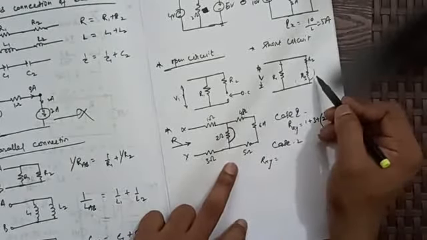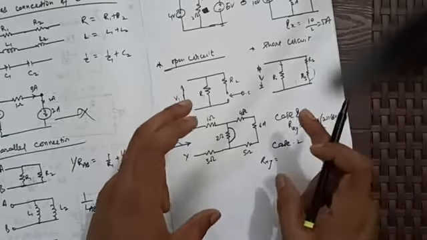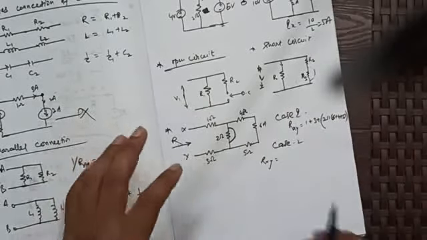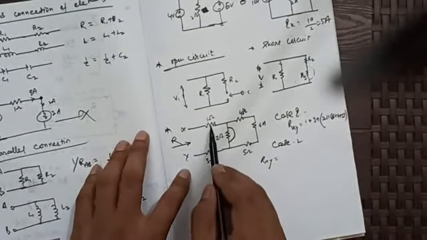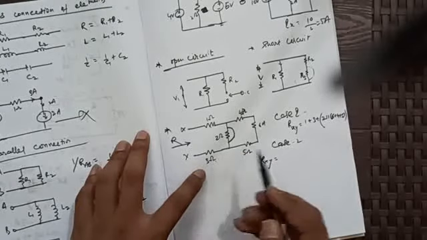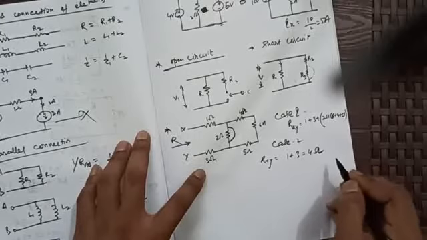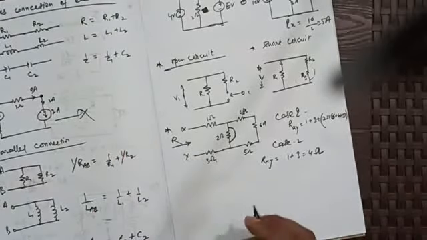As I told earlier, a passive element connected in parallel with a short circuit can be neglected. So the net resistance will be 1 ohm in series with 3 ohm, equal to 4 ohm. Clear?